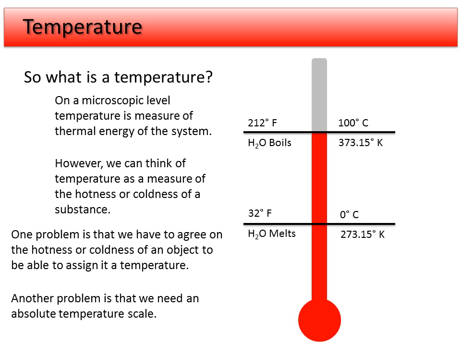So we come up with a new temperature scale, and it's the Kelvin scale. The Kelvin scale is nothing more than the Celsius scale, but shifted by 273.15 degrees. So 0 degrees now becomes 273.15. 100 degrees is 100 degrees higher, so 373.15. And this means that when we get down to 0 Kelvin, we are at absolute 0.